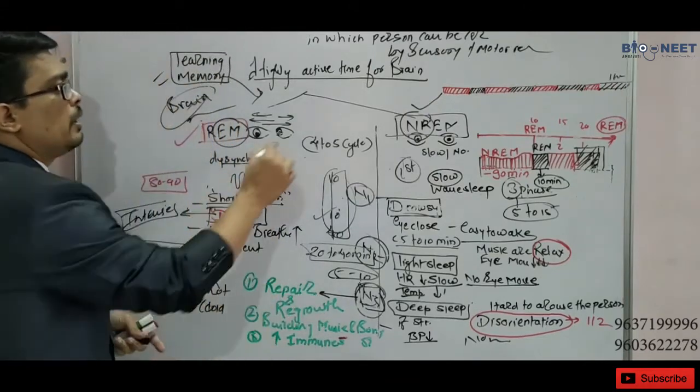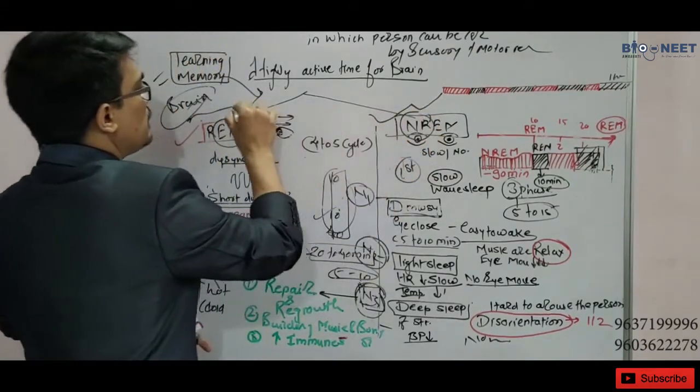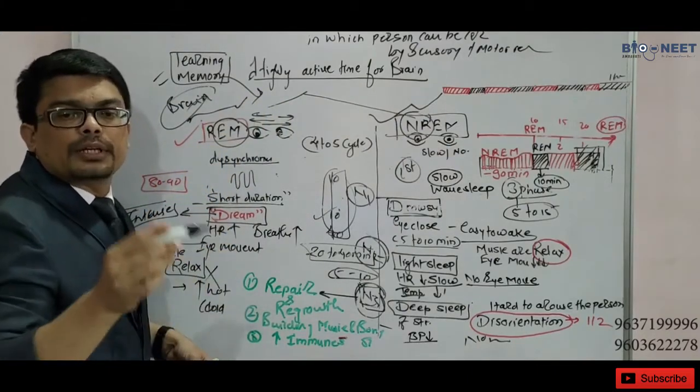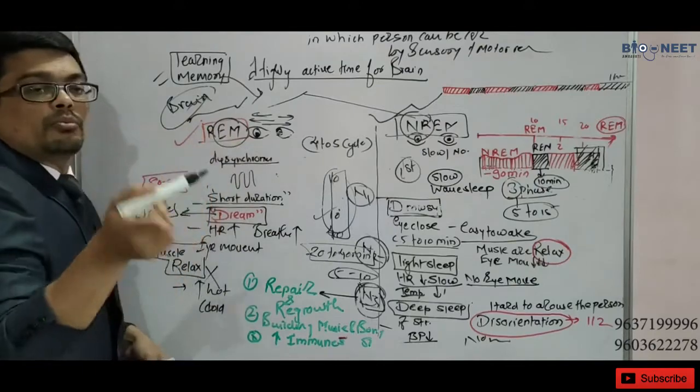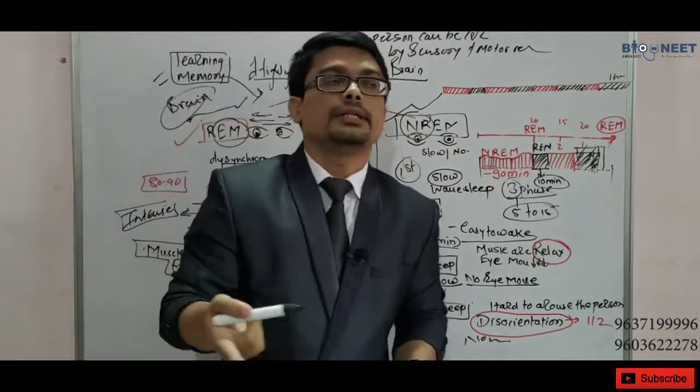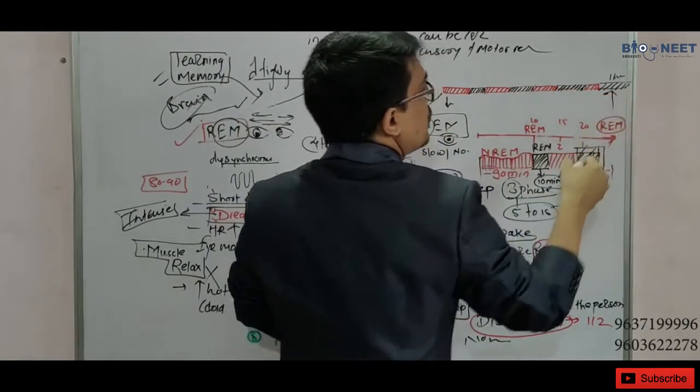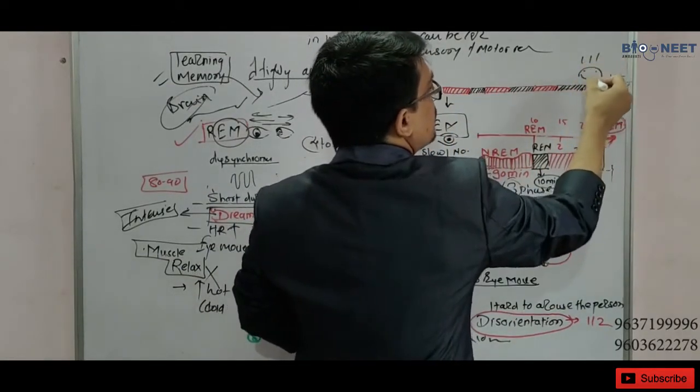The cycle starts with NREM and the second is REM, and we already know it is 4 to 5 cycles. The time of which phase is increasing as we go from falling asleep to rising early in the morning?